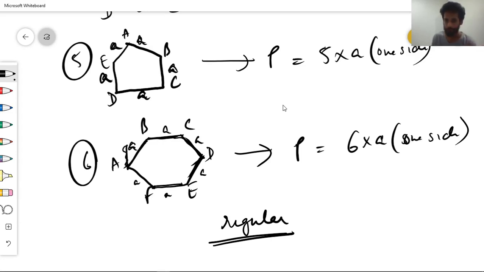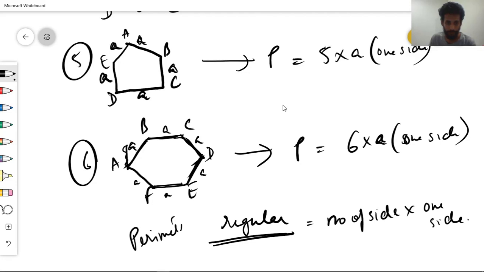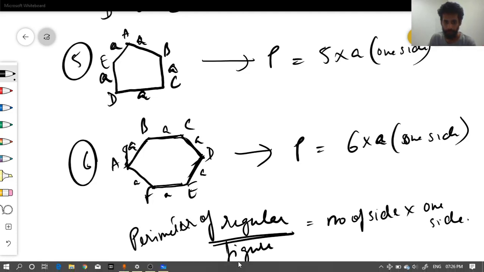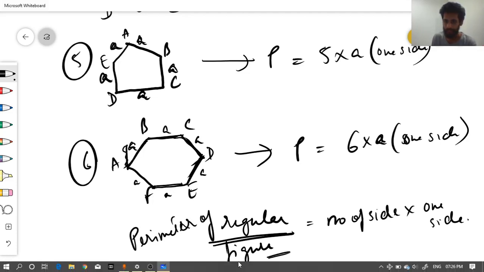This is the formula: perimeter of a regular figure is equal to number of sides into one side.